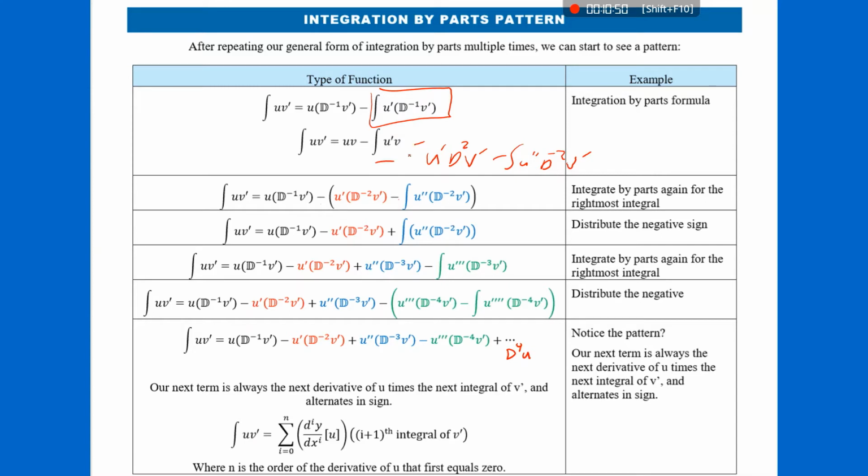So if I'm subtracting all of this, then I'll distribute that negative sign, and that will change my sign for my integral, right? Yes. So that ends up causing us to alternate signs with every term.